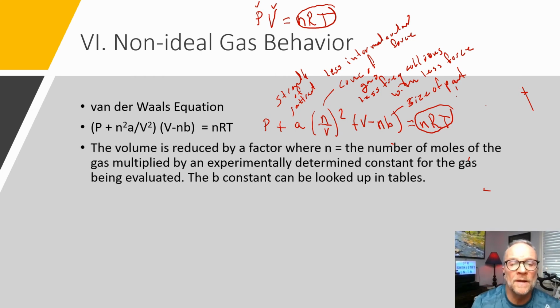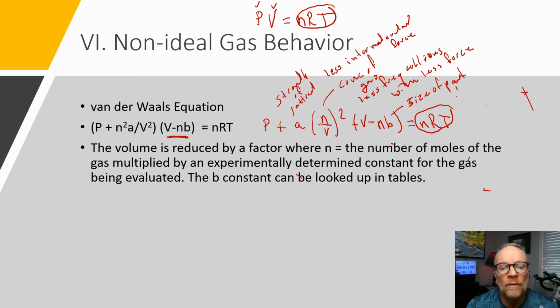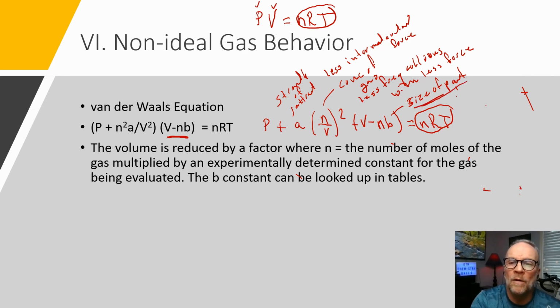The first thing that we'll talk about is this second part here, V minus nb, and this is the correction for the reduction in volume. The n part is the number of moles of the gas, just like before, and b is a correction for the size of the different particles involved.